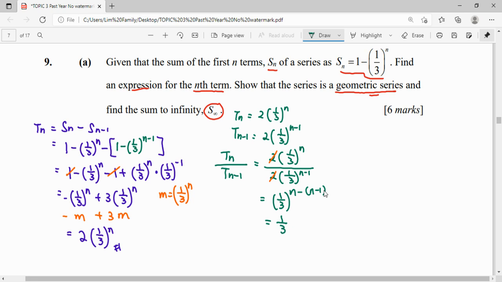So it is equal to 1/3. Notice that this is a constant. So when Tn over Tn-1 equals a constant, it means this is our common ratio, 1/3. So this is a geometric series. This is how we show a geometric series.